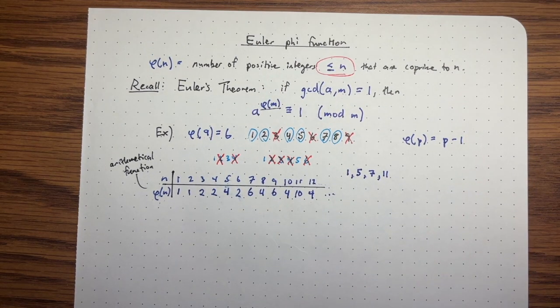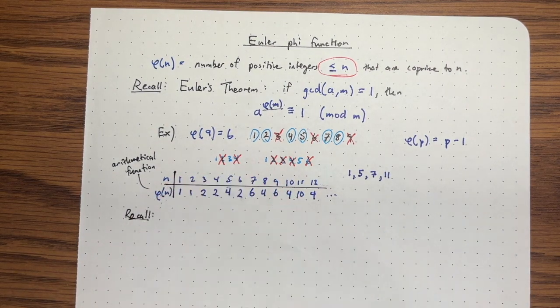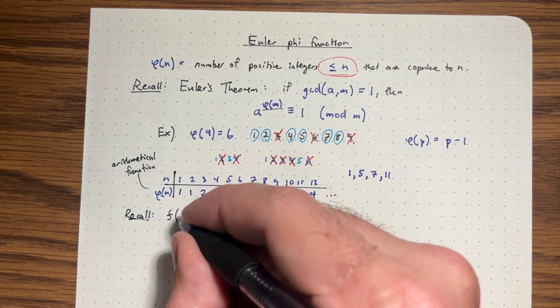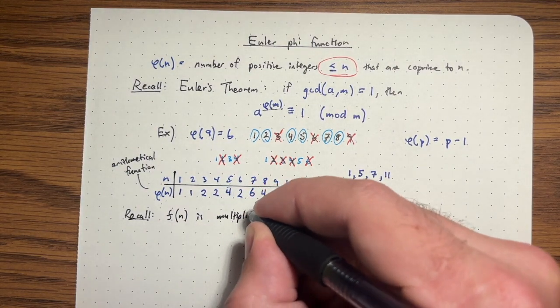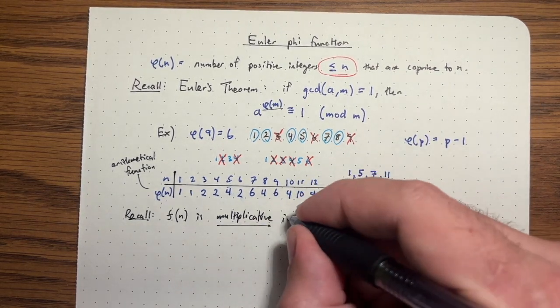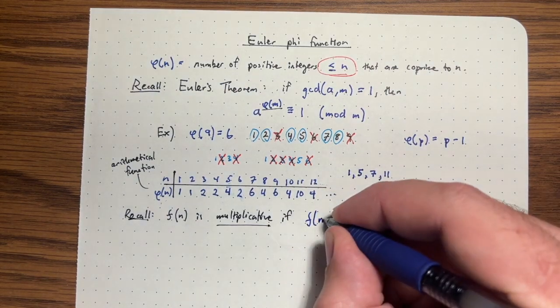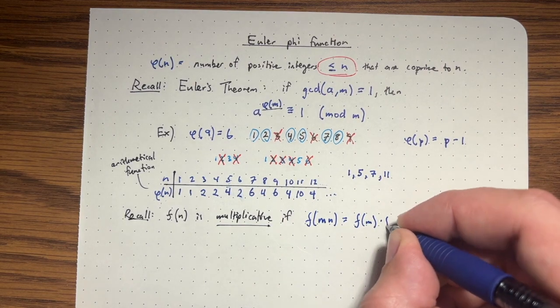So recall what that means. We say some arithmetical function is multiplicative if f of a product, mn, let's say, is f of m times f of n.